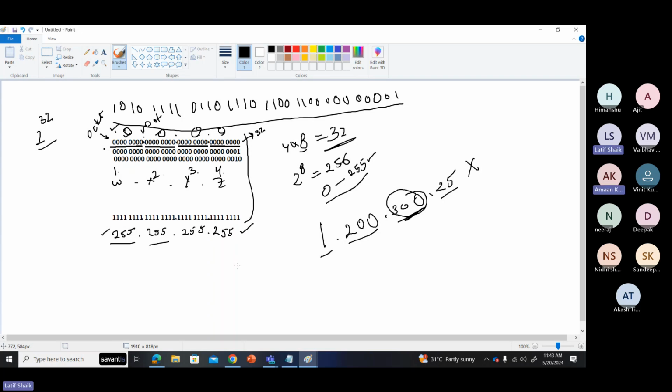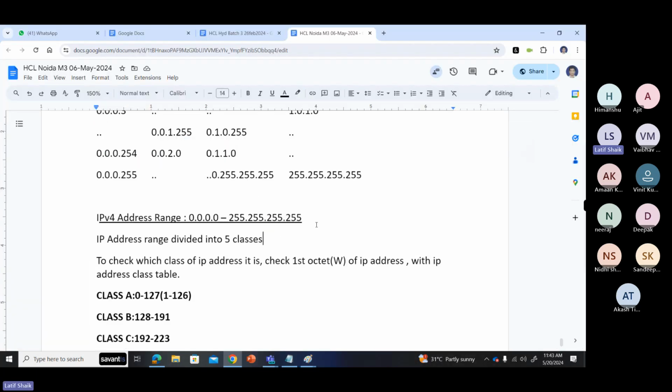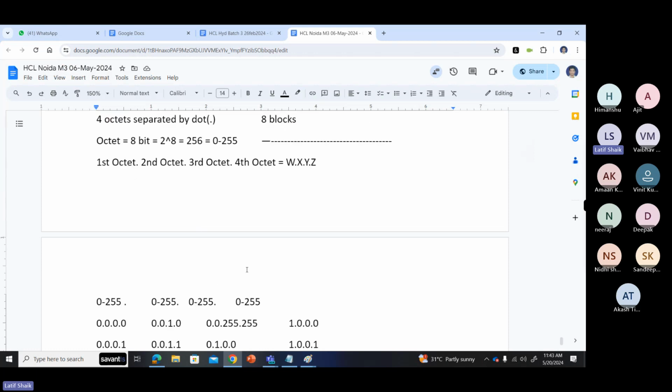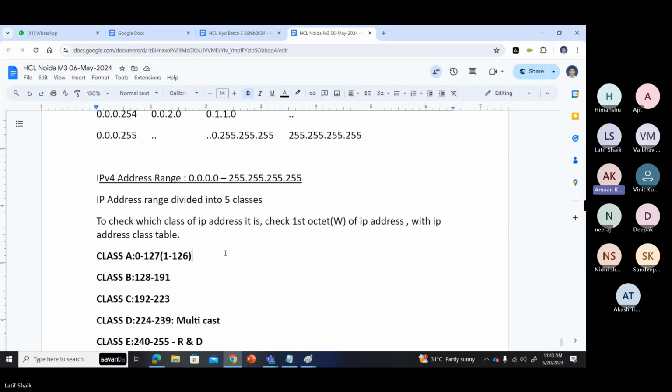No octet is more than 255, and the highest is 255.255.255.255. Guys, understand IPv4? Yes, sir.